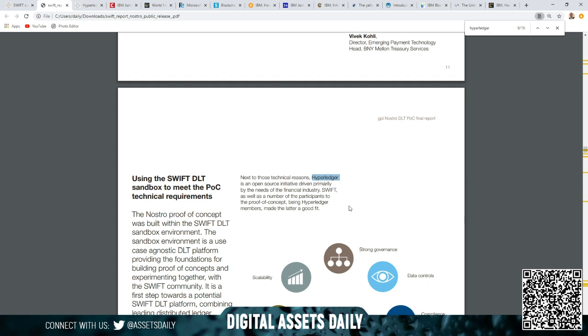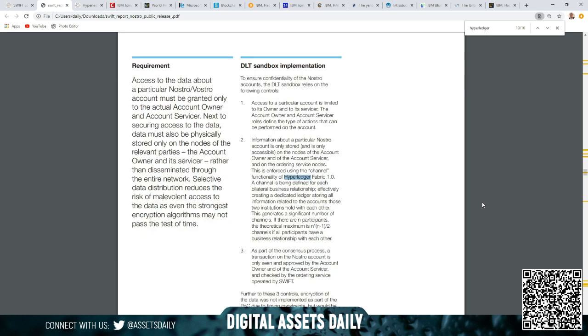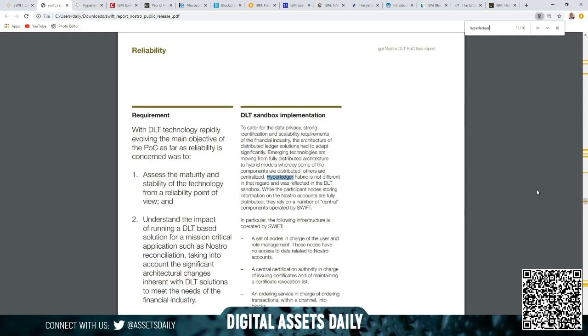Hyperledger is an open source initiative driven primarily by the needs of the financial industry. Swift, as well as a number of the participants to the proof of concept being Hyperledger members, made the latter a good fit. Here we have again the Hyperledger Fabric 1.0 going through, etc. Hyperledger Fabric is not different in this regard, as reflected in the DLT Sandbox.